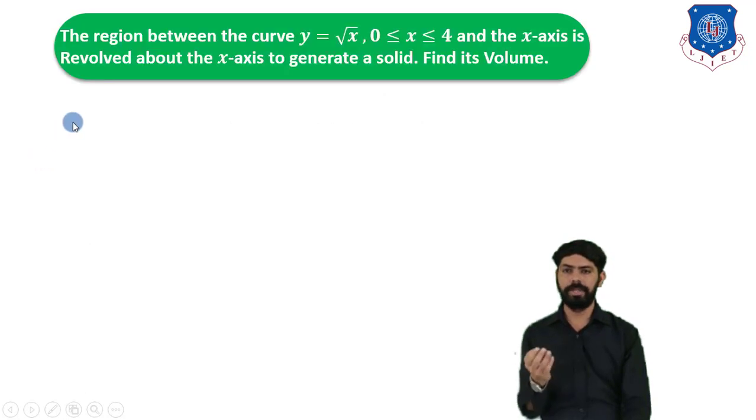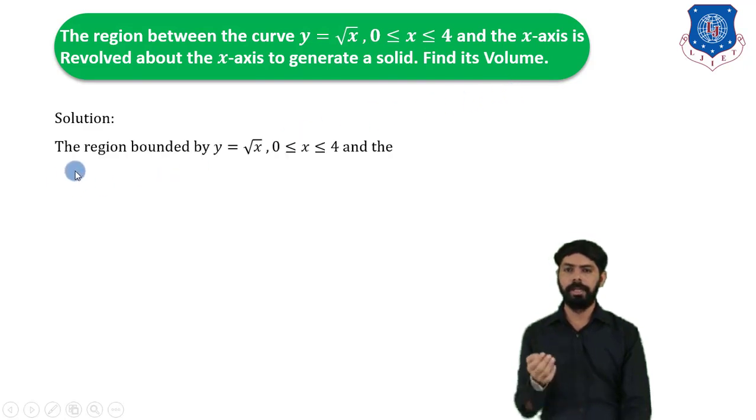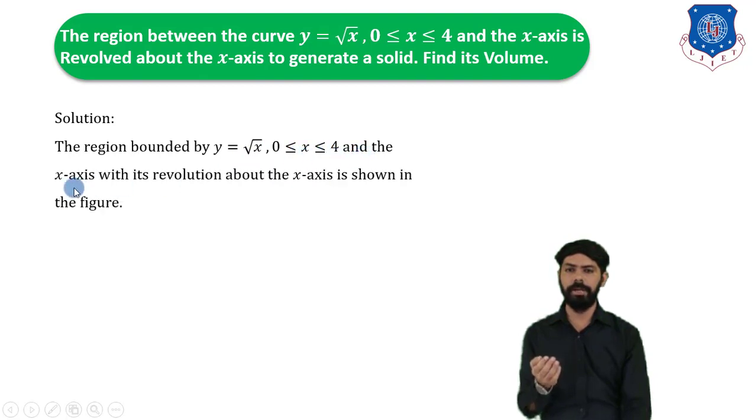Let us discuss an example: the region between the curve y equal to root x, where 0 is less than or equal to x less than or equal to 4, and the x-axis is revolved about the x-axis to generate a solid; find its volume. Here the region bounded by y equal to root x and 0 less than or equal to x less than or equal to 4, and the x-axis with its revolution about the x-axis is shown in the figure.